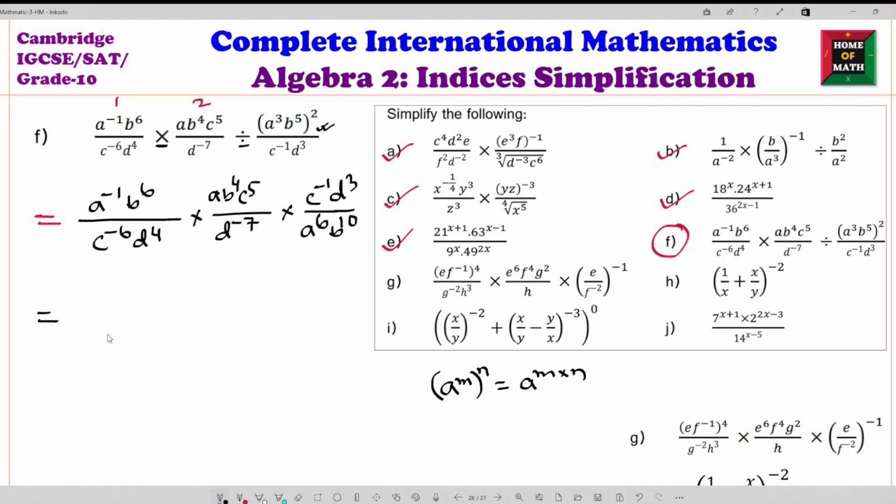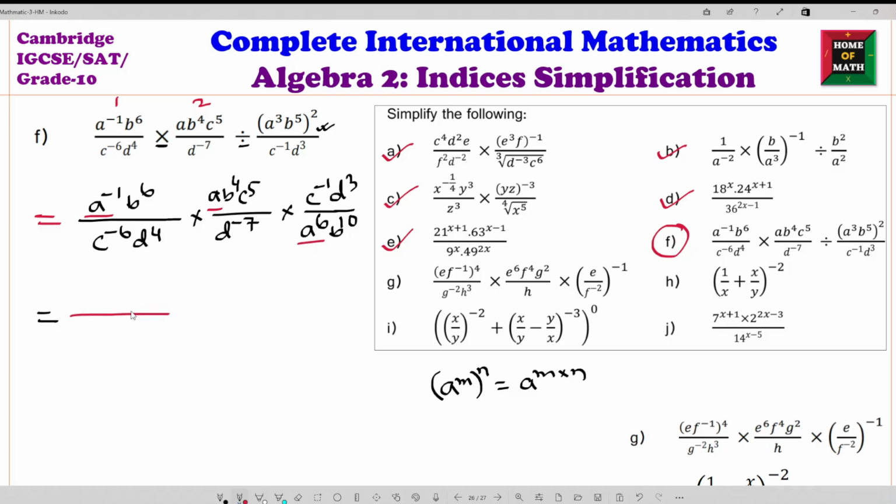One part is complete. Now we will decide which ones we will keep in the denominator and which in the numerator. And first thing, we will not keep any negative exponent. So here is a to the power minus 1, but in the denominator we see a to the power 6.